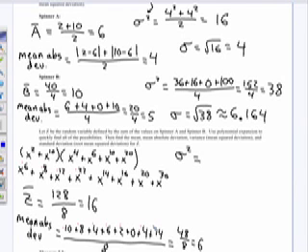And when we do that, we end up with 432 divided by 8, which is 54. The square root of 54 would be between 7 and 8.